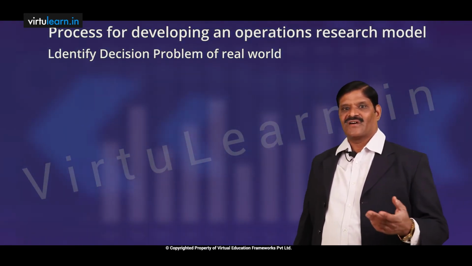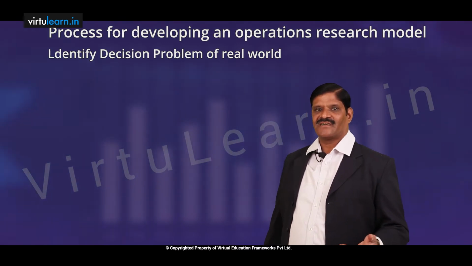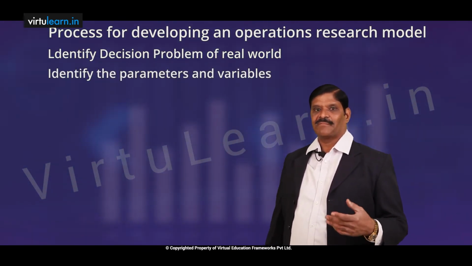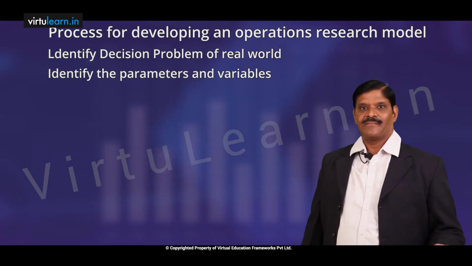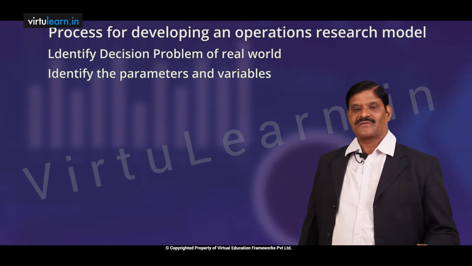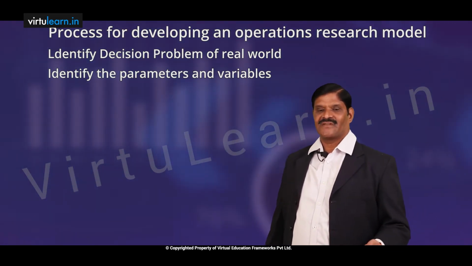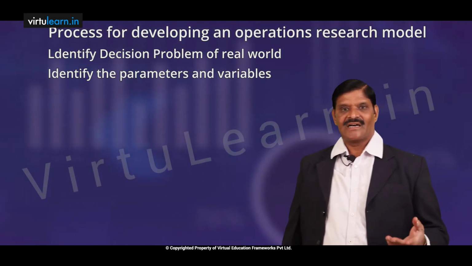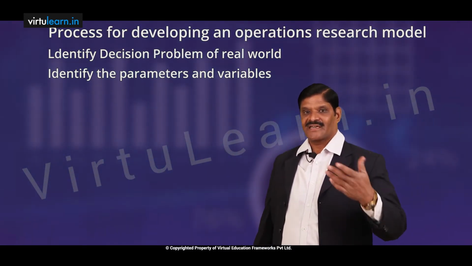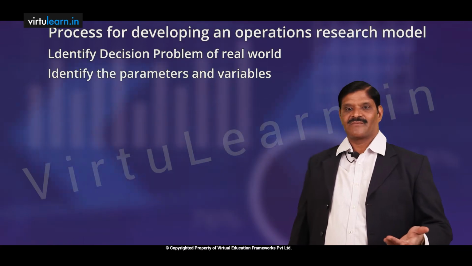So once a problem is identified, the next step is to identify the parameters of that particular problem, and also the various kinds of variables associated with the problem. That is the next step after identifying the problem.